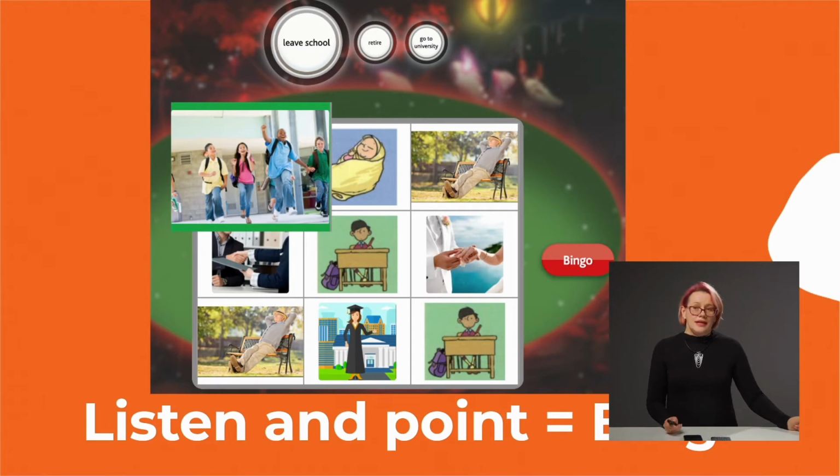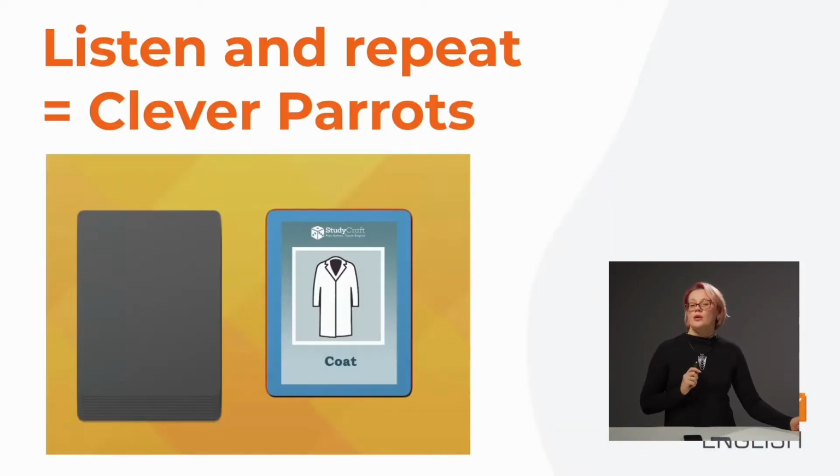So the next type of activity, the next exercise in your coursebook, is listen and repeat. So what can we do at this point? We can play a flashcard game, which is quite popular, and I think that many teachers are familiar with it. Clever Parrots. You show flashcards to your students and you start saying words. Sometimes what you show and what you say, these two things don't match.